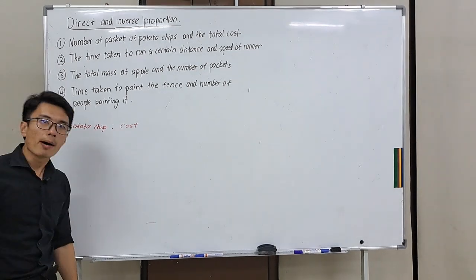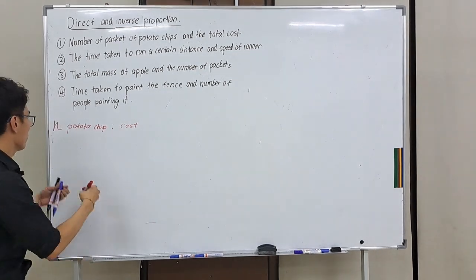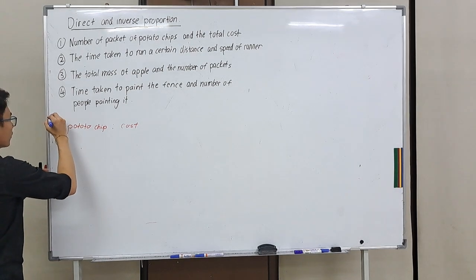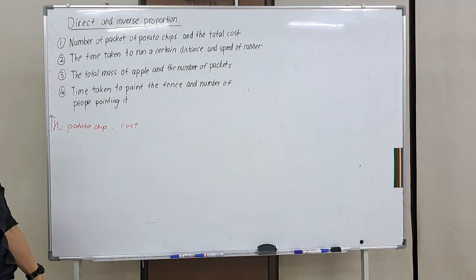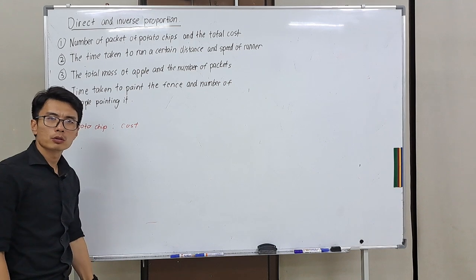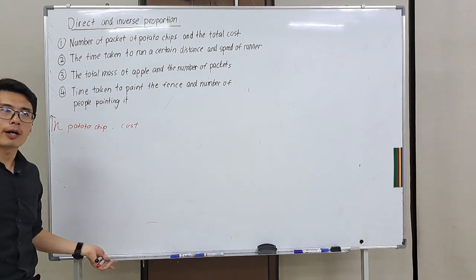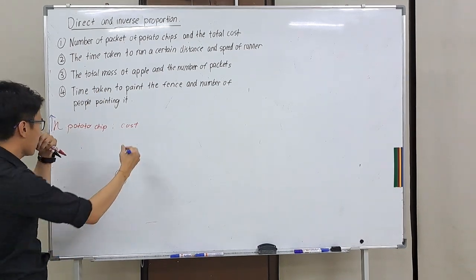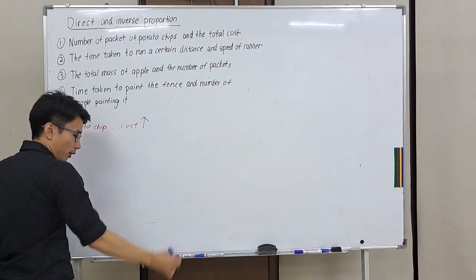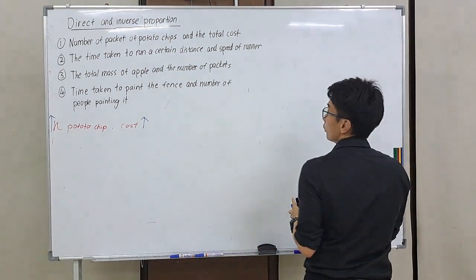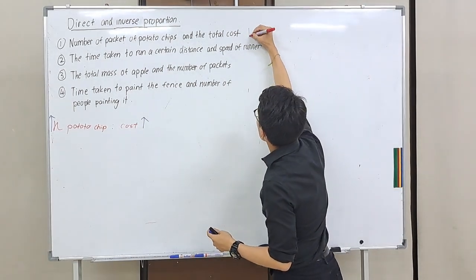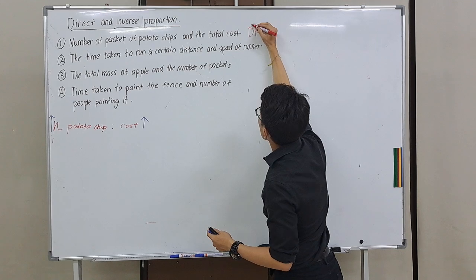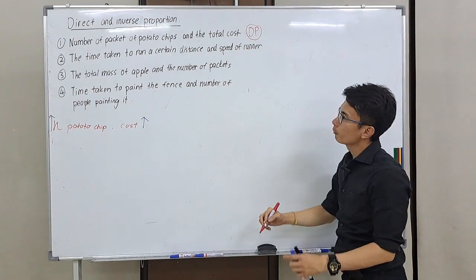If I buy more potato chips, which means I increase the number of packets, what do you think happened to my cost? It should get more as well, right? I buy more potato chips, it should cost more. Up, up. So we know that the first one here is a direct proportion. I'm going to write DP for short, okay?